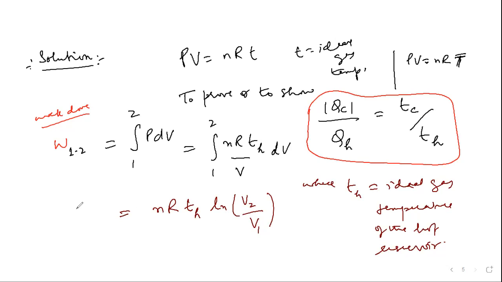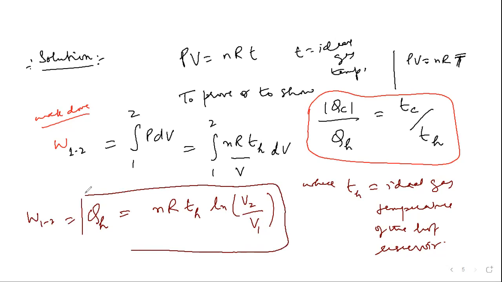So this is work done by the gas during the first step. It is also equal to heat absorbed. So I can write it is equal to QH. It is also W1 to 2, right? This is heat absorbed by the ideal gas during isothermal expansion.